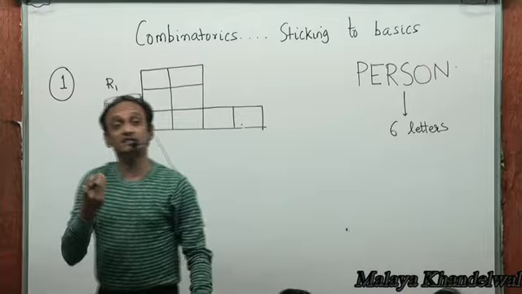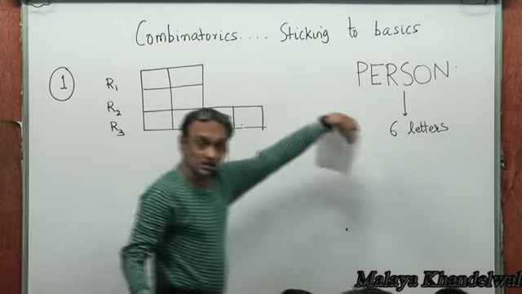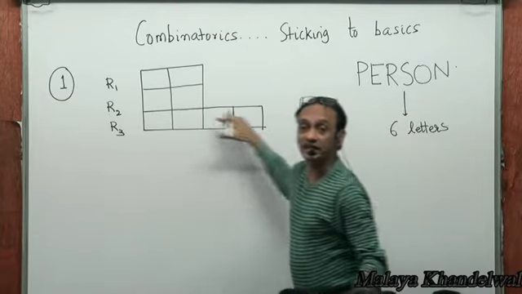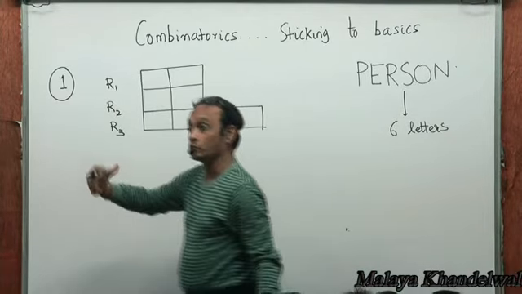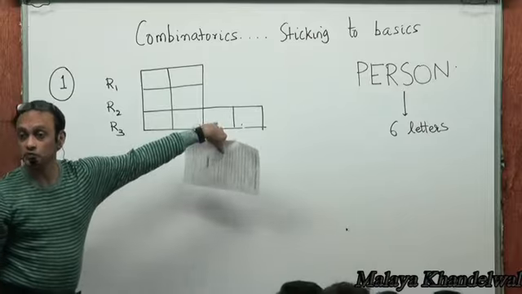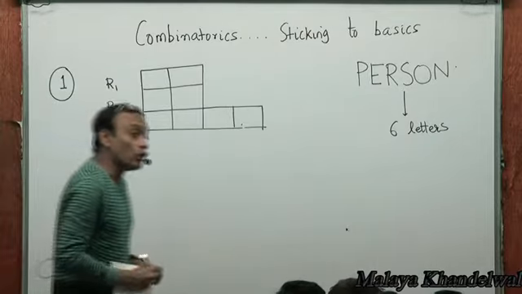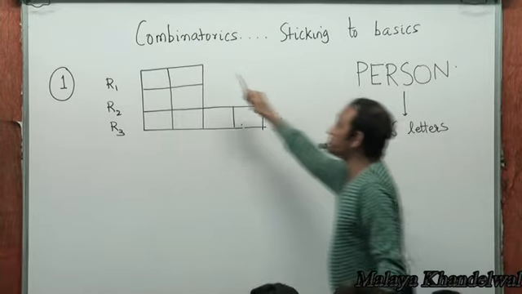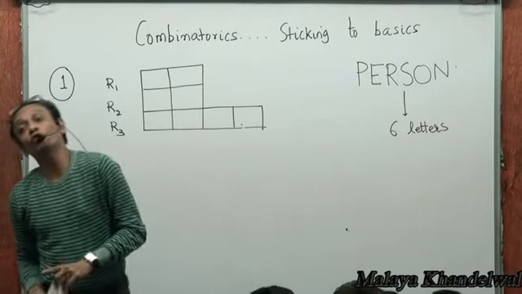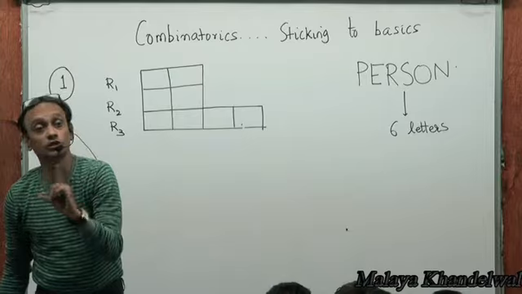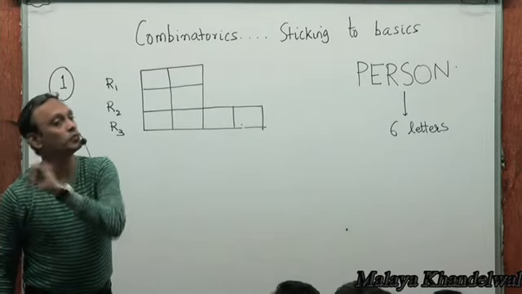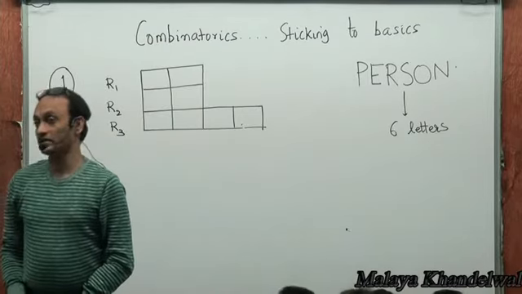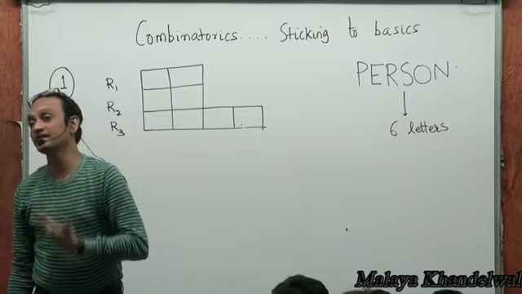I want to select 6 cells in this array of cells, and obviously you can see there are 8 cells, but I want to select 6 of them, where I could accommodate the letters of this word person. But I want to make sure that in organizing these letters in these cells, there is no row which is empty. Each row has at least one element in it. At least one cell of every row must be occupied. Question is, in how many ways can I do that?